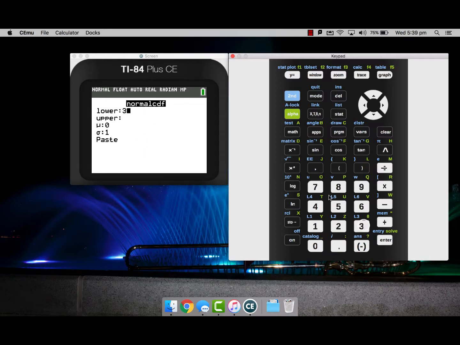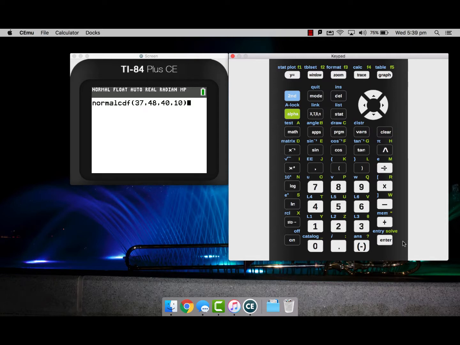So we put 37, hit enter, then 48, enter. Now we've got to put our mean in, which was 40, again enter, and our standard deviation of 10, enter. Then we go to paste. And what this gives us is what you might see sometimes on a calculator. Now I'm not sure if the TI-84 Plus will just do this, but I'm hoping not.